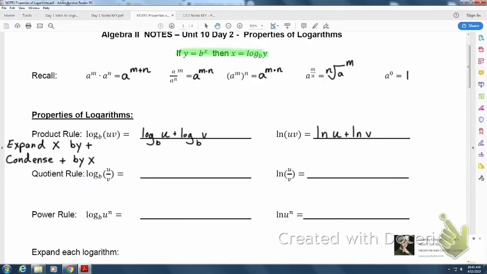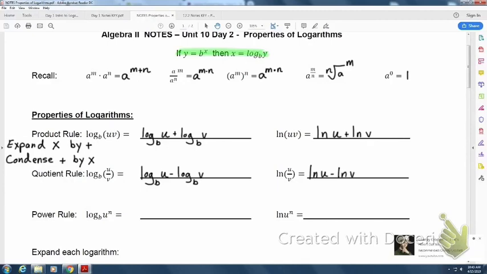Same idea. I've got two things. I've got u and I've got v, two variables, and I'm dividing there, and I can expand division by subtraction. So earlier I was multiplying, and so I added. Here I am dividing, so I'm going to subtract. Each variable is going to get its own log base b. If it's natural log, that will not change the property.